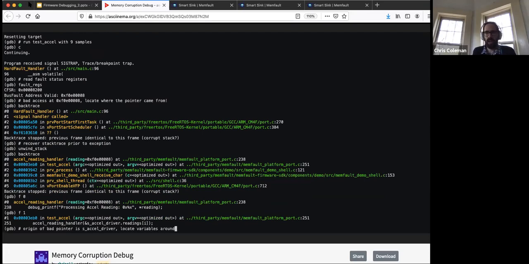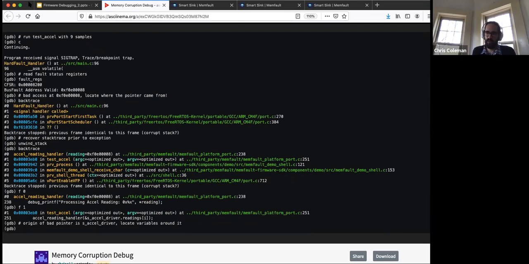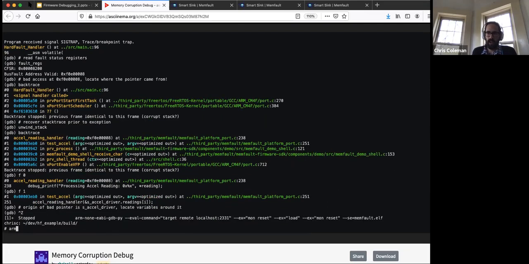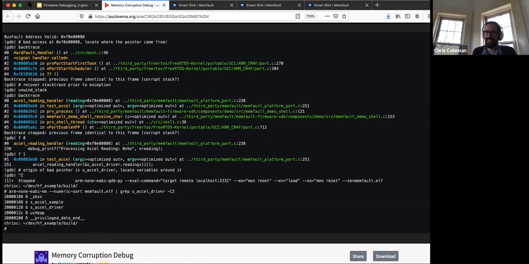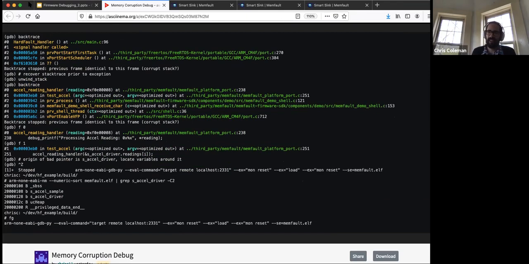What we want to look at is what is around the accelerometer driver in the address space. For that, we can use that nm command we were talking about, sort it by address, and then search for references that are around it. What we will see there is that the accelerometer sample buffer is directly above the accelerometer driver buffer.